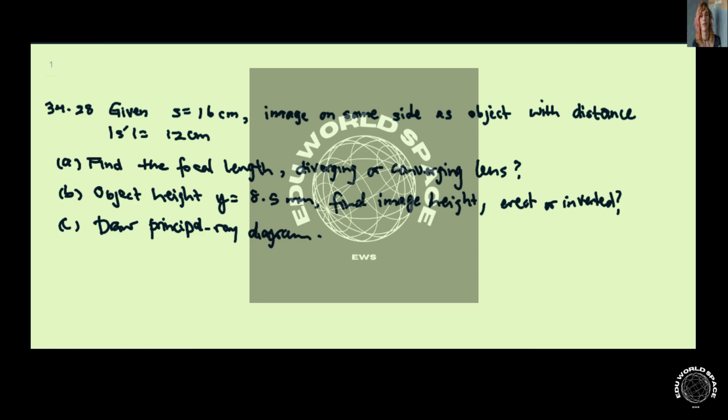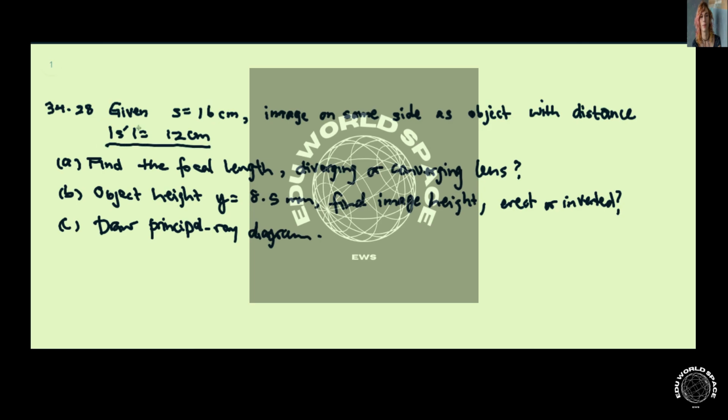Problem 34.28 gives us an object distance of 16 centimeters from a thin lens, and we're told that the image is on the same side as the object with a distance of 12 centimeters. In part A, we're asked to find the focal length of this lens and whether it's a diverging or converging lens.